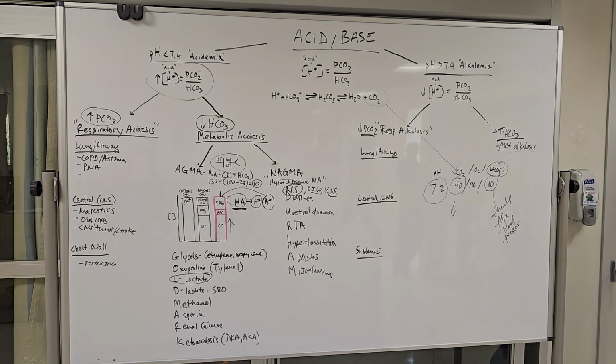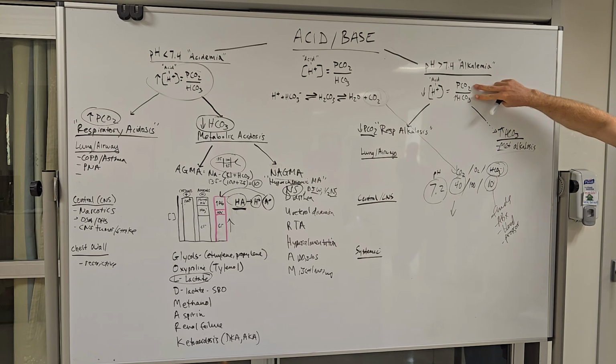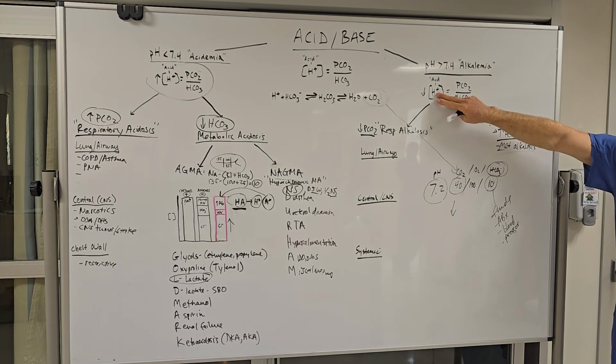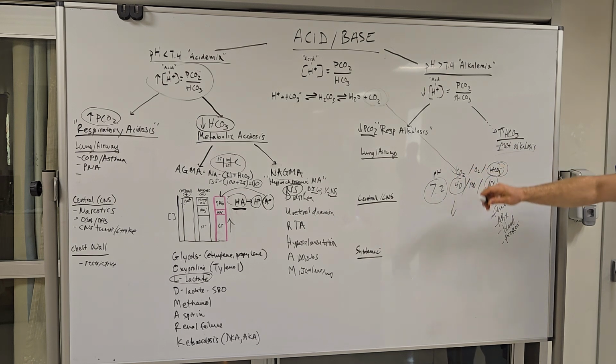We have a metabolic acidosis and a concomitant respiratory acidosis because we have not breathed that down enough to create a ratio where this is normal again. And as we breathe the CO2 down, we'll start to see our pH increase: 7.25, 7.3, 7.35.